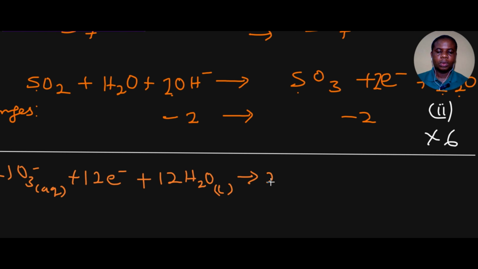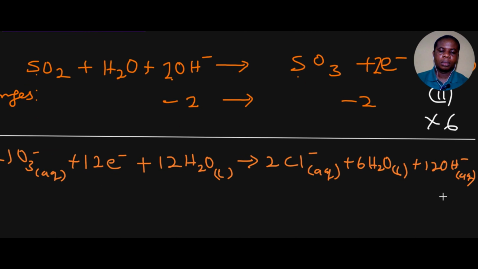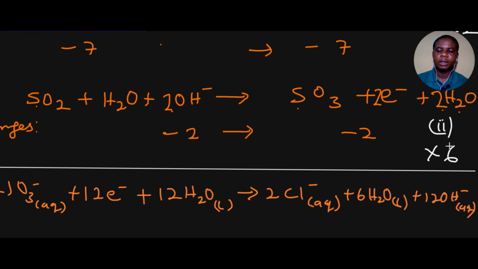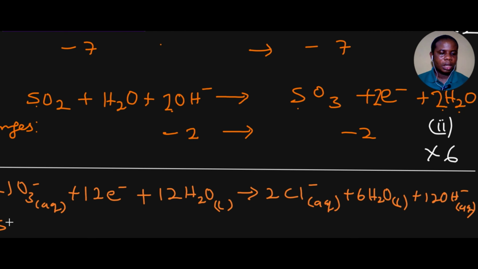to give 2Cl negative plus 6 H2O plus 12 hydroxide ion. For the other one, since I'm multiplying all this by 6, this becomes 6 SO2. This is gas.